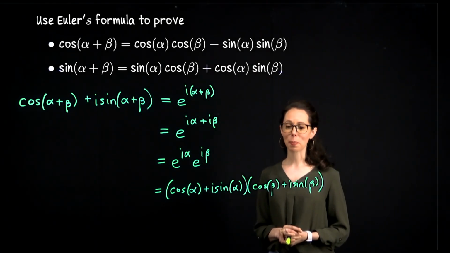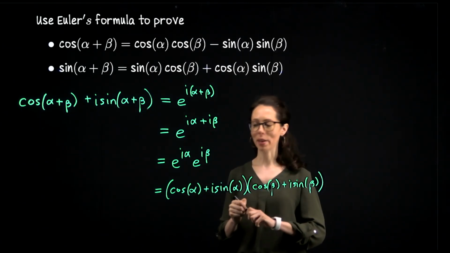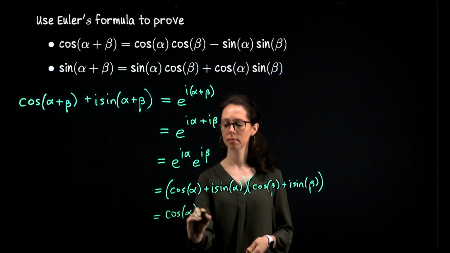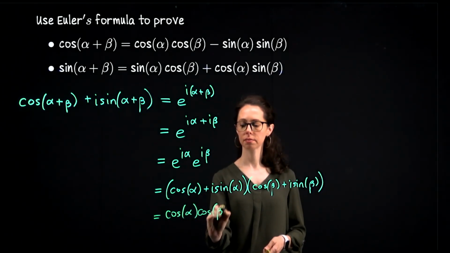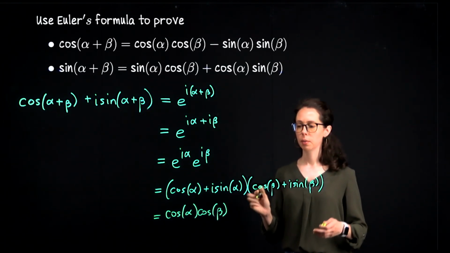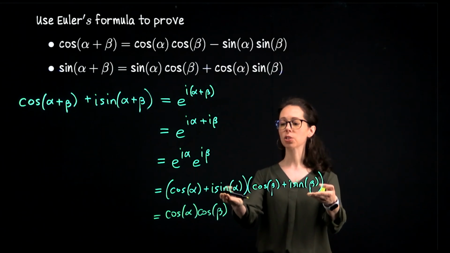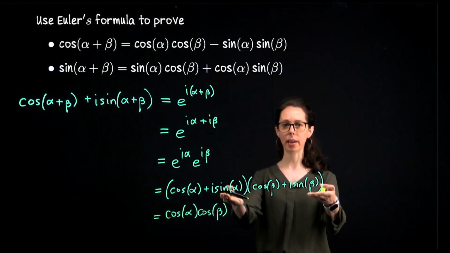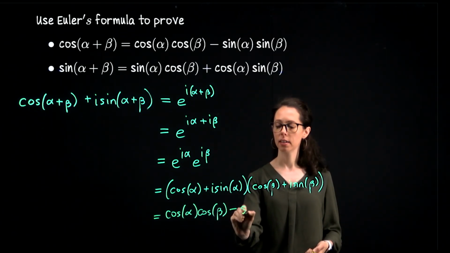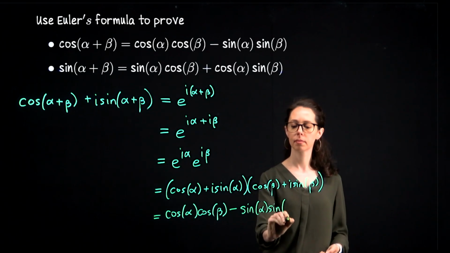All right, if you expanded this product, what you should have found is that we'll have cosine alpha cosine beta. Then next, I'm actually going to move on to the product of these two terms. That would be i squared sine alpha sine beta. But i squared is negative 1, so that's minus sine alpha sine beta.